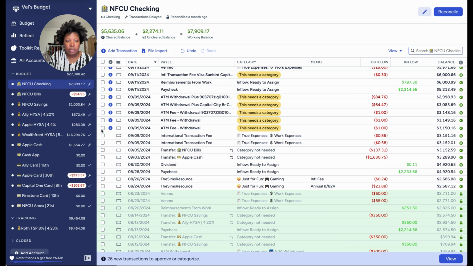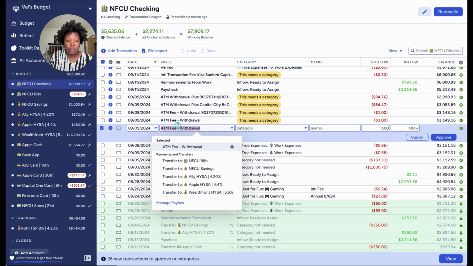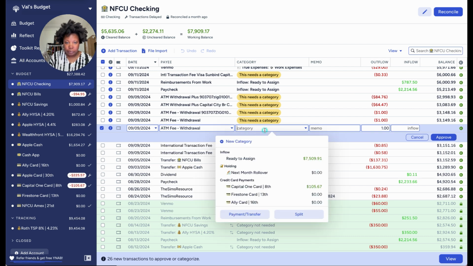And then these 2 were, okay, yeah, no, that's a fee actually. I'm going to just leave it as that, work expense.